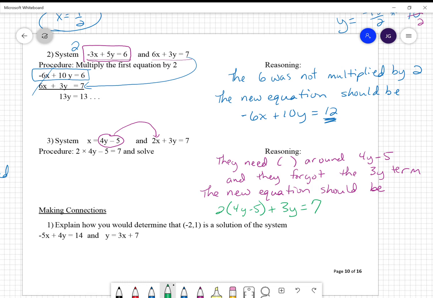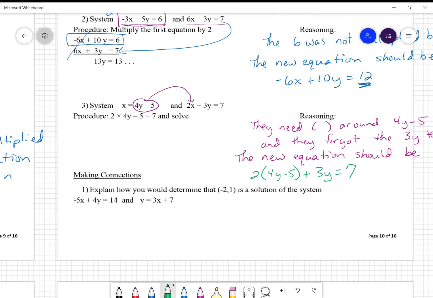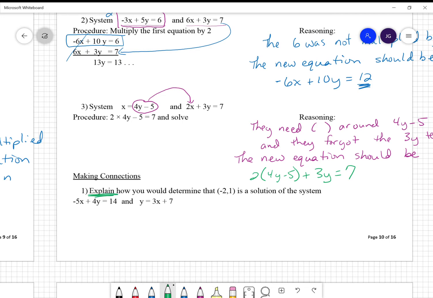Okay, making connections. I'm going to ask you to explain how you would determine that (-2, 1) is a solution to this system. I'm not asking you to do it, I'm asking you to explain it.